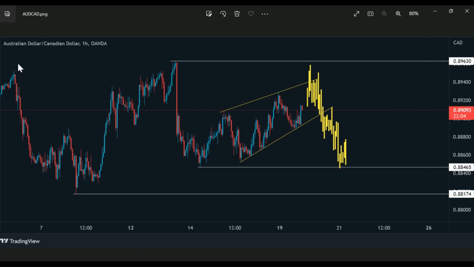All right, so our first trade was Aussie, the Australian dollar versus the Canadian dollar. So you can see that this is the 1 hour time frame. There was this high over here.